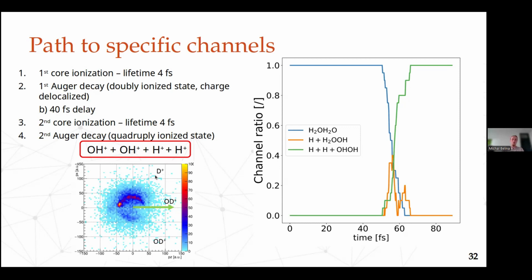So you can see the momentum map of this D plus relative to the other fragments. And from this, one can again reconstruct the original geometry of the water dimer, or the studied molecule generally.